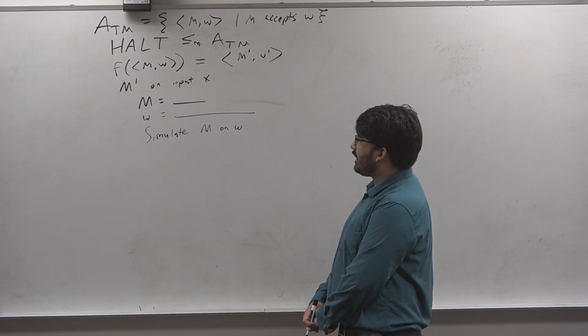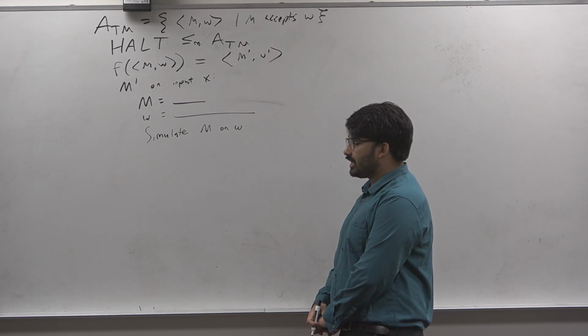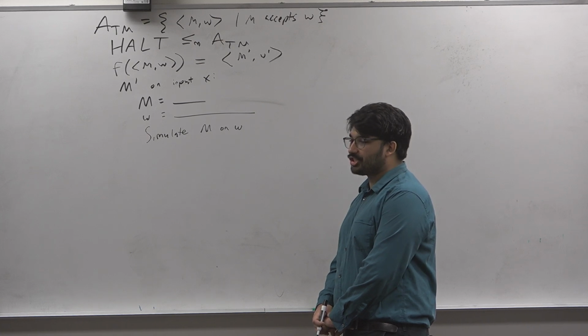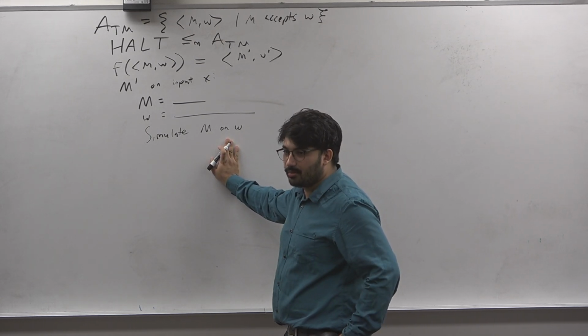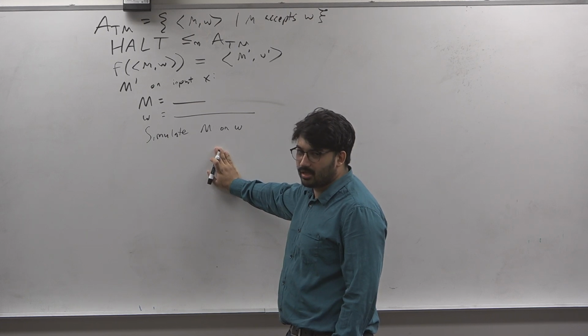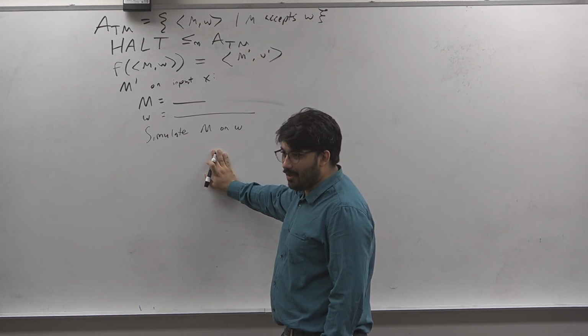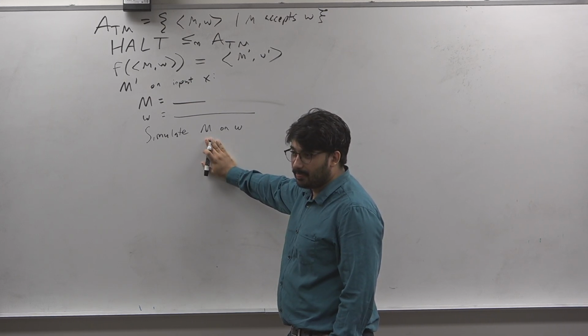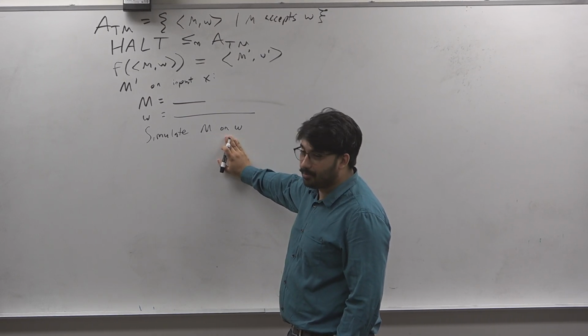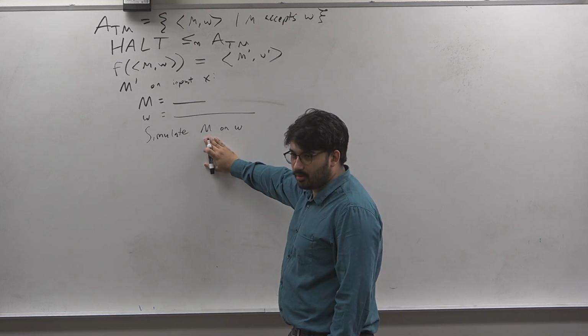Basically what we're doing is we're taking M prime and conditioning it on M. By saying M prime is going to simulate M on W, we mean that M prime is going to do whatever M is supposed to do. So if M gets stuck in a loop, so will M prime, right? If M halts, so will M prime. If M loops, so will M prime.